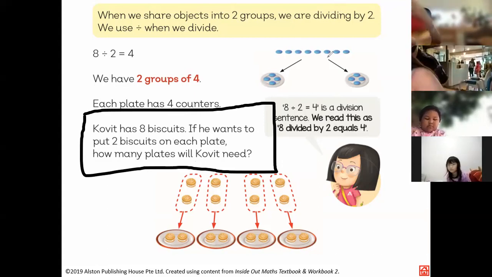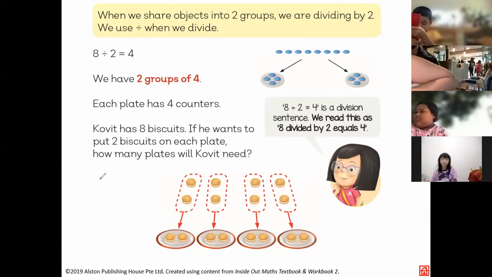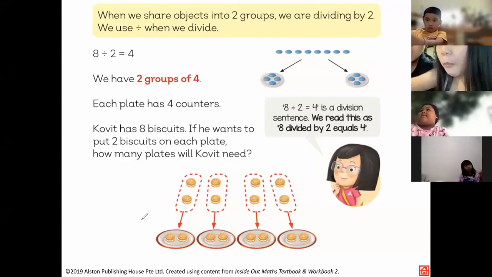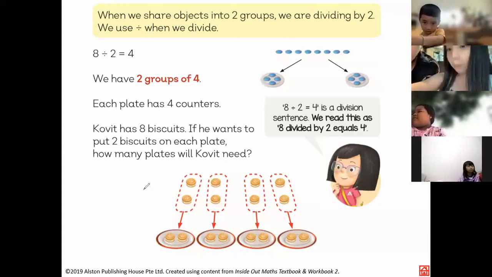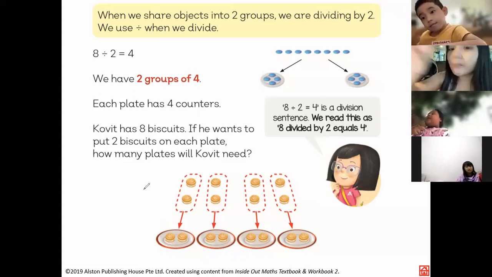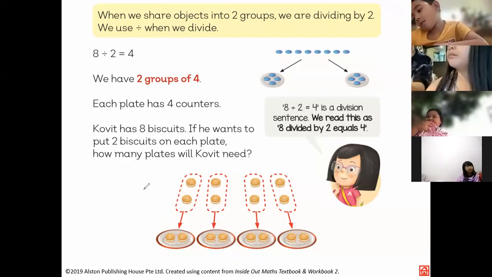Okay, good job. All right, so there are 8 biscuits, right? So the problem is COVID has 8 biscuits and he wants to put 2 biscuits on each plate. So how many plates will COVID need?